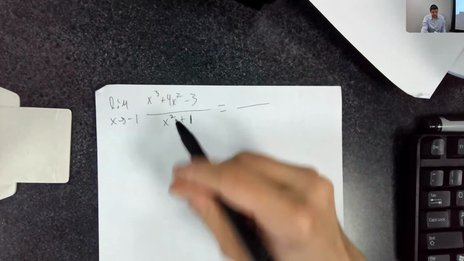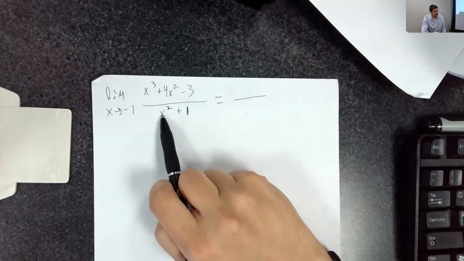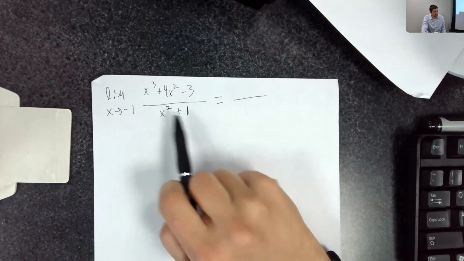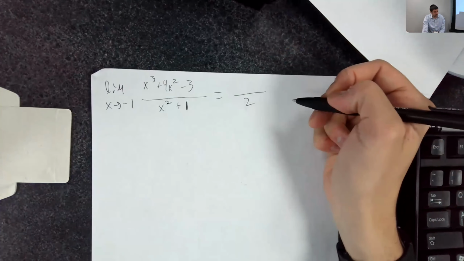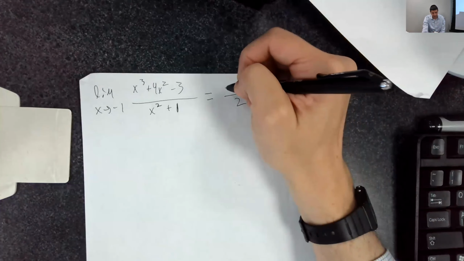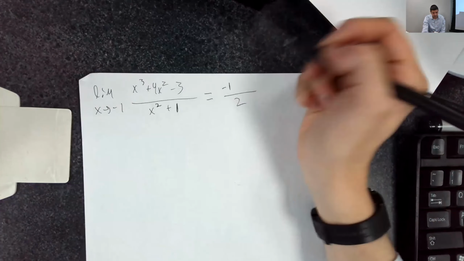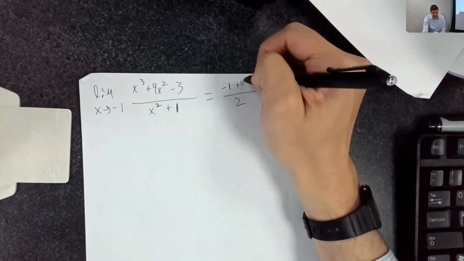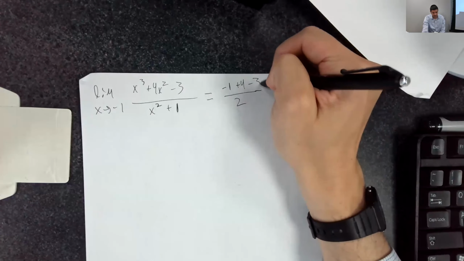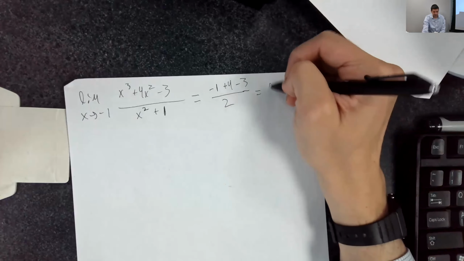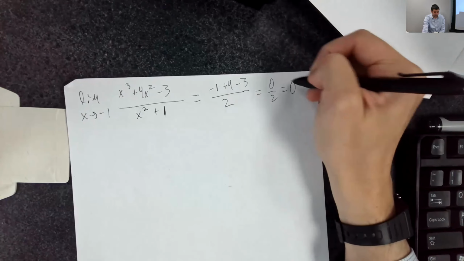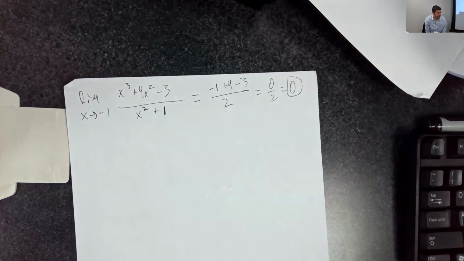What's the denominator? -1 squared is 1, plus 1 is 2. So nothing wrong with the denominator. Numerator: -1 cubed is -1, plus 4, minus 3. So the numerator is 0, and 0 over 2 is just 0. It's okay to have 0 in the numerator. The denominator is the problem.